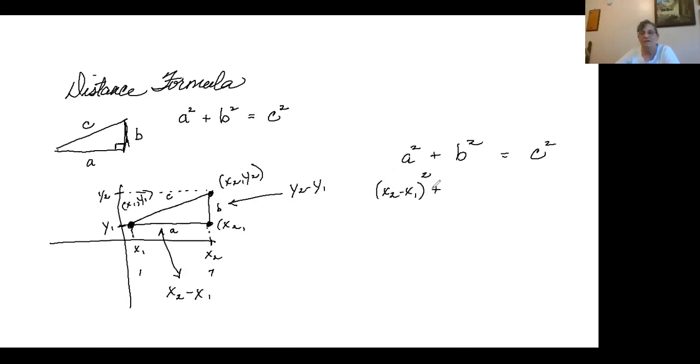B, this distance, is going to be y2 minus y1 squared. You don't have to worry about the order here because you're going to square it, so it's going to come out positive regardless. And instead of C, I'm going to call this D for distance. So this would be D squared. To solve this for D, I just take the square root of both sides.